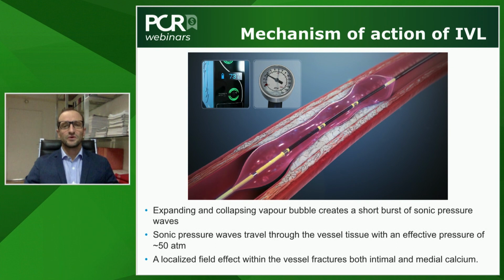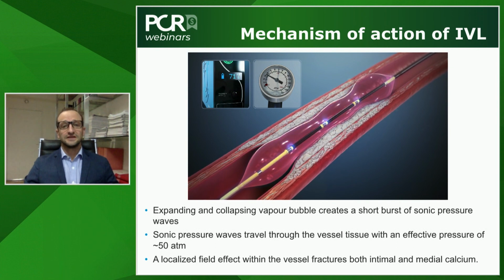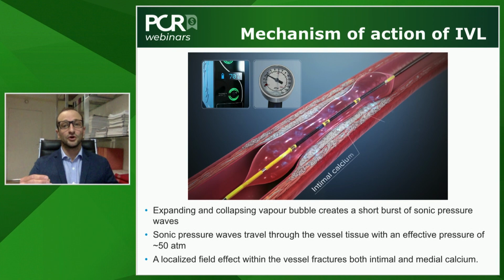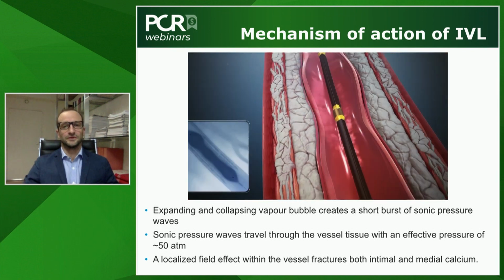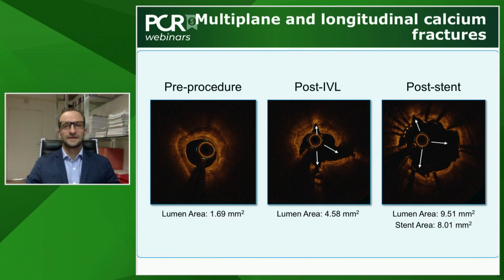And one thing which is very different from atherectomy is that it impacts the intimal calcium, but also the deeper calcium. Next. And so you can see on OCT a very classical pattern of what you can see post-IVL. You can see on the left side a very tight stenosis with a circumferential calcium arc with a lumen of nearly 1.8 millimeters square. And after IVL, you can see this microfracture at 12 o'clock, 4 o'clock, 6 o'clock in the intimal, but also in the media.